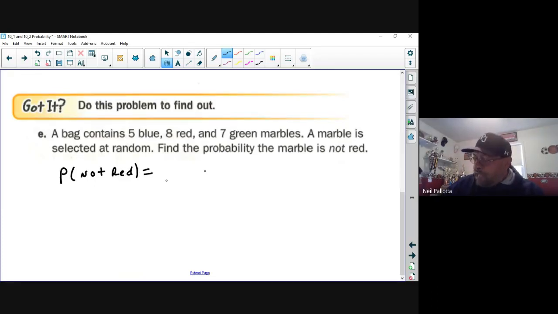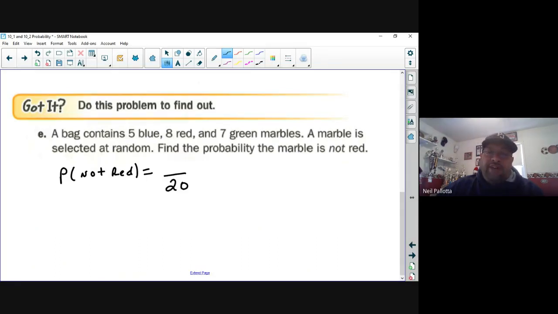Well, how many possible outcomes are there? All right. Well, possible outcomes would be, let's see, 5 plus 8 is 13 plus 7. So there are 20 possible outcomes. How many favorable outcomes would there be? Well, a favorable outcome would be not red. So blue is not red. Green is not red.